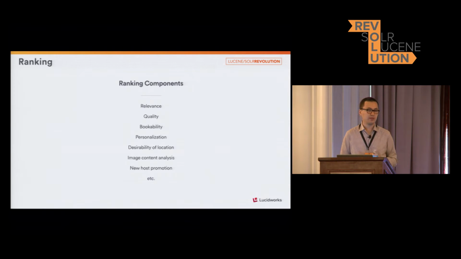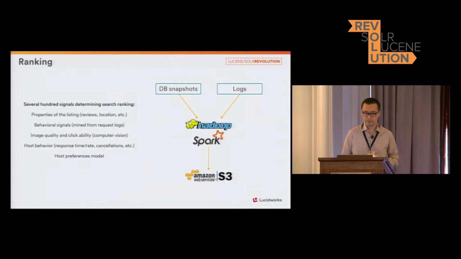So ranking at Airbnb is a pretty big topic, so I'm not going to go into the details behind every specific ranking signal in the model, focusing instead just on the infrastructural aspects. So we have several hundred signals that determine search ranking.